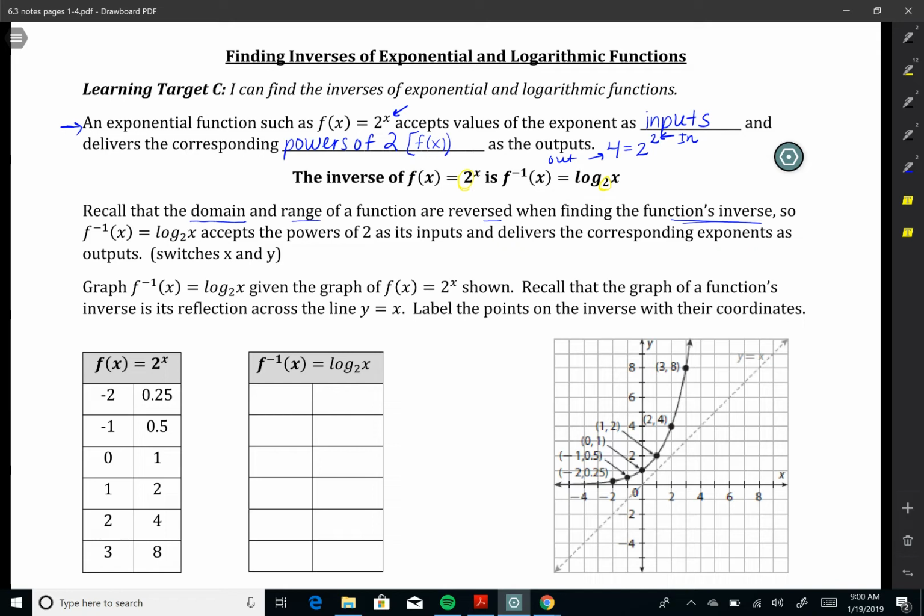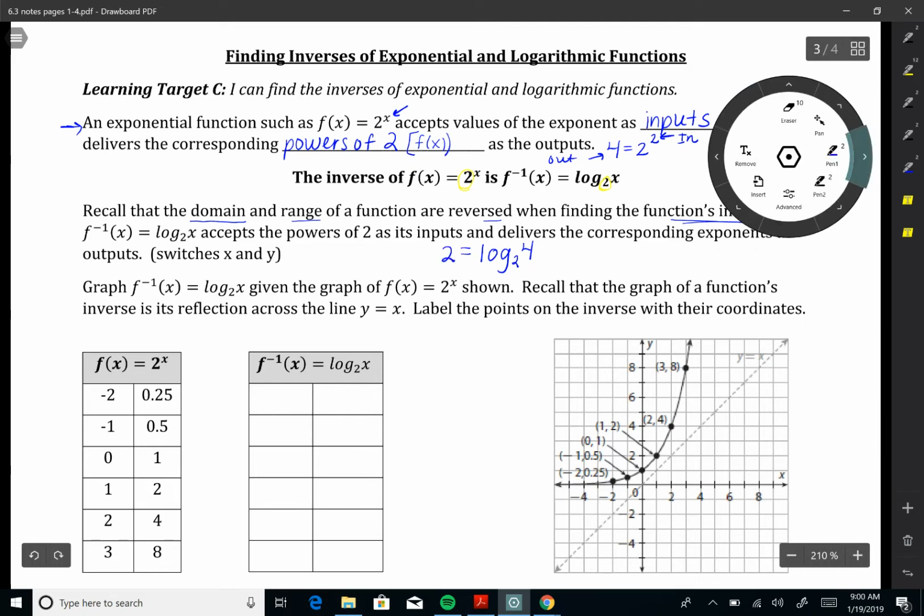When I write my example from above in log form, the 4 that was the output is now my input. So it would be log base 2 of 4, and that is 2. This 2 that was the input became my output, and this 4 that was the output became my input.